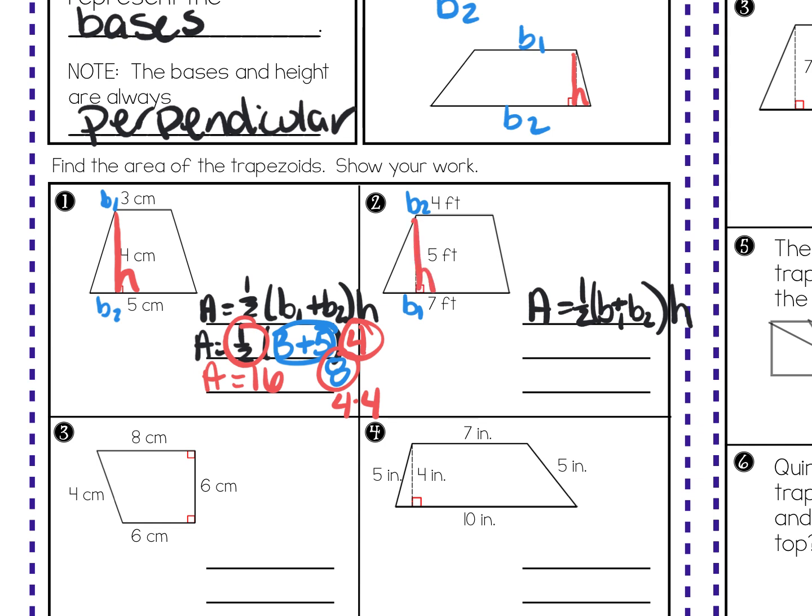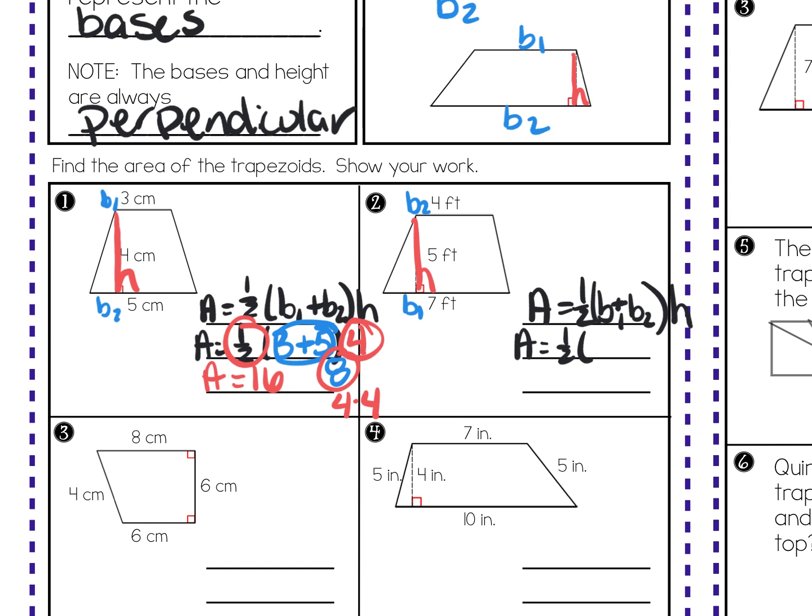Okay. So let's do A equals 1/2, and let's add our two bases. Like you see here, it doesn't really matter which base is which, because we're adding them. Here I made the top one base 1 and the bottom one base 2. Here I made the bottom one base 1 and the top one base 2. But as long as they're the two parallel ones, you're good.